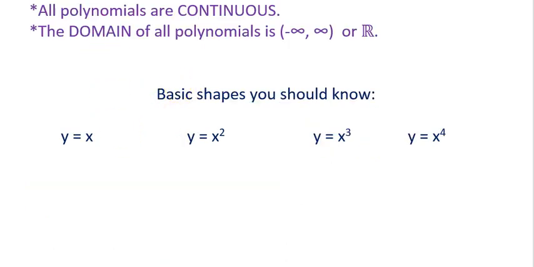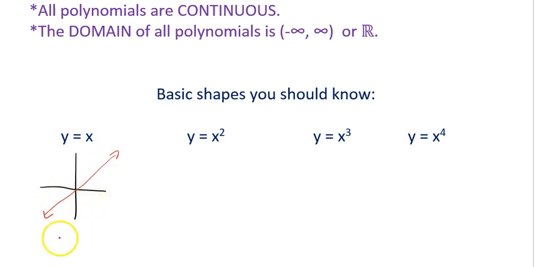Now, there are some basic shapes that you should know, and y equals x is one of those. If I had an x and y axis here, y equals x is your linear function, and it's a perfect line with a slope of 1 going through 0, 0.